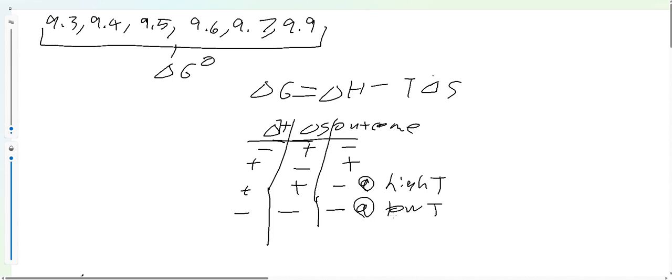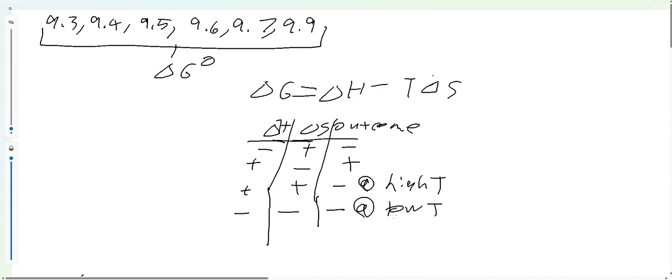So there's a big caveat here, right? On one hand, you can have an exothermic reaction and a positive entropy change, but that almost never happens. On the other hand, you can have an endothermic reaction and a negative entropy change, but that also almost never happens.